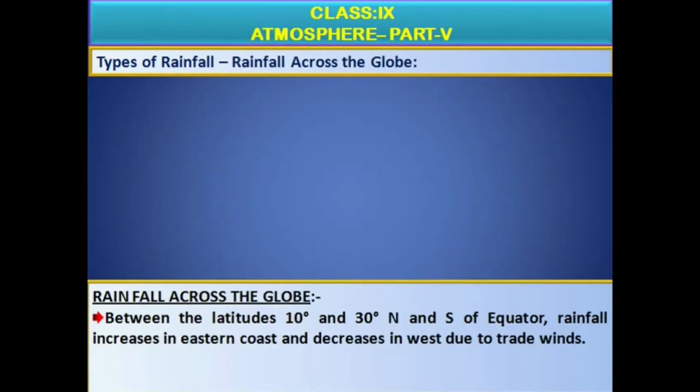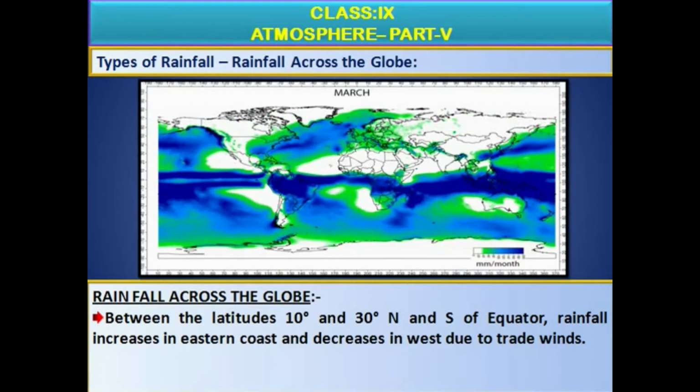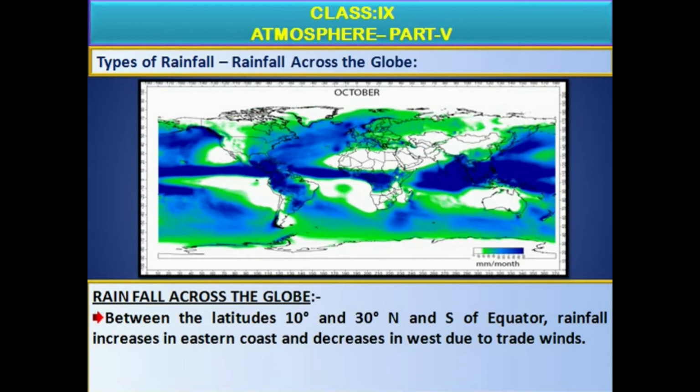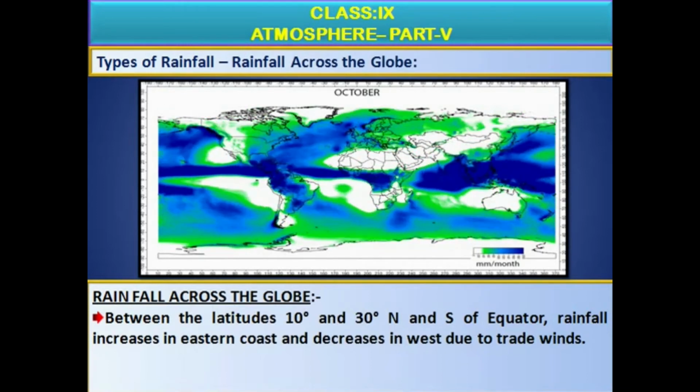Now let us learn rainfall across the globe. Between the latitudes 10 degrees and 30 degrees north and south of the equator, rainfall increases in the eastern coast and decreases in the west due to trade winds.